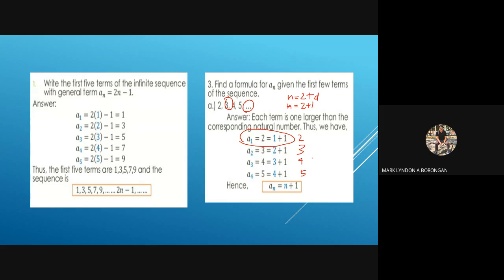So we can basically say that our formula for this one is a sub n is equal to n plus 1. Why? Because if we use this value as n, like what I did in this example, if we use this as our n and then add 1, you are basically saying that a sub n is equal to n plus 1.